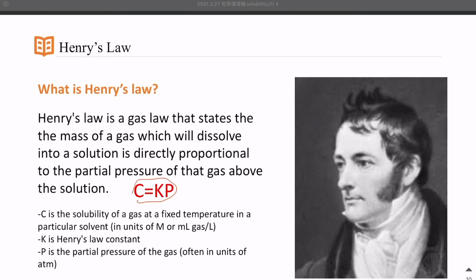And here is the formula of Henry's law. C equals K times P. C is the solubility of a gas at a fixed temperature in a particular solvent. K is Henry's law constant, and P is the partial pressure of the gas.